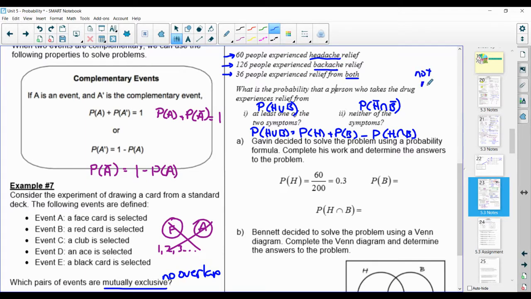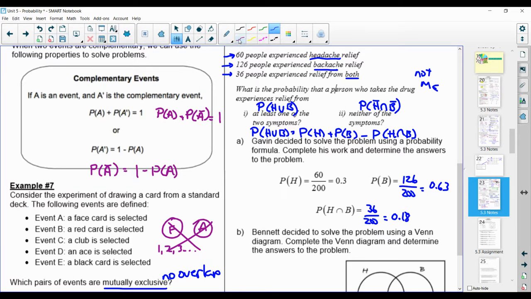So he's figured out that the probability of headache is 60 out of 200, which is 0.3. The probability of backache relief was 126 out of 200, which was 0.63. And the probability of relief from both is 36 over 200, which is 0.18.